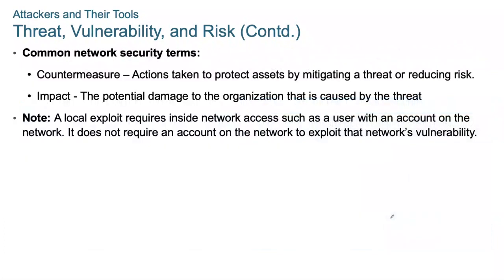Other common network security terms, besides threat, vulnerability, risk, and the risk management terms like acceptance, avoidance, reduction, and transfer, are countermeasure and impact. A countermeasure is the action taken to protect assets by mitigating the threat or reducing the risk.